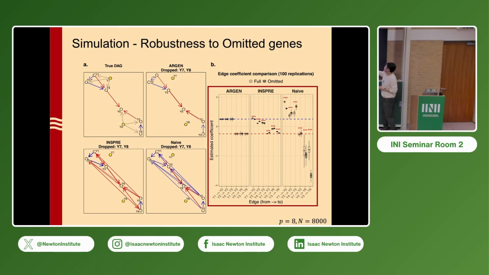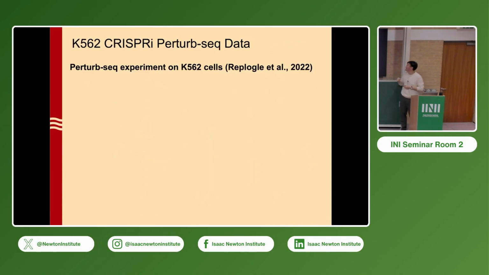You can see here that even before talking about consistency, the coefficient changes dramatically just by removing the nodes. And this blue line denotes the true values, 0.5 and negative 0.5. You can see that ours are clustered around the true values.